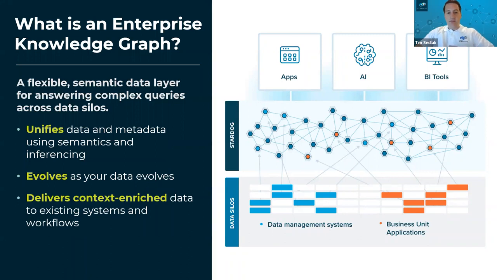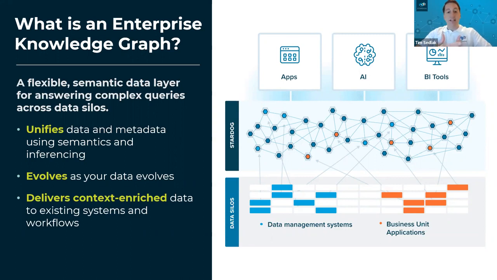So what are knowledge graphs? Well, as a simple definition, knowledge graphs are a flexible semantic data layer for answering complex queries across data silos. A knowledge graph as a platform functions as a kind of data fabric or mesh architecture that provides linked data across the enterprise. They are flexible and can evolve with minimal effort, and knowledge graphs can query data where it lives.